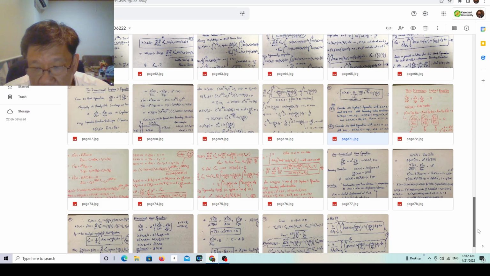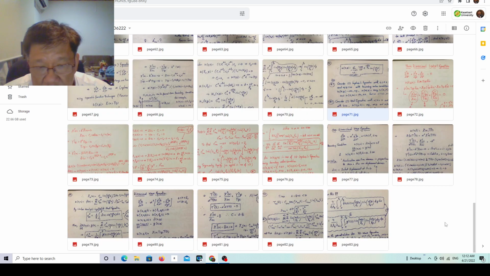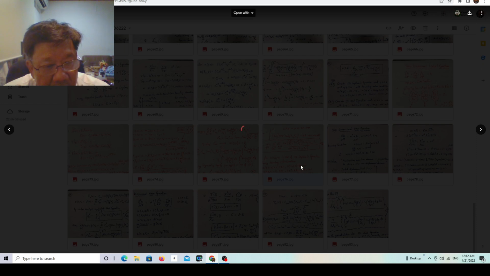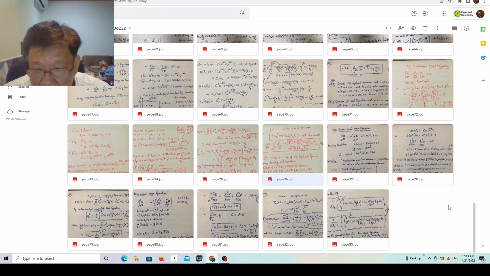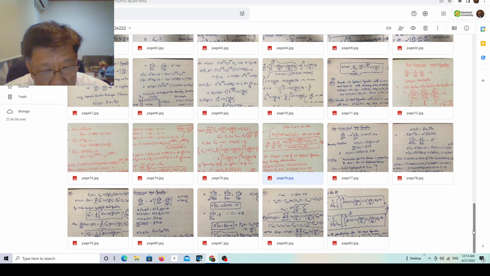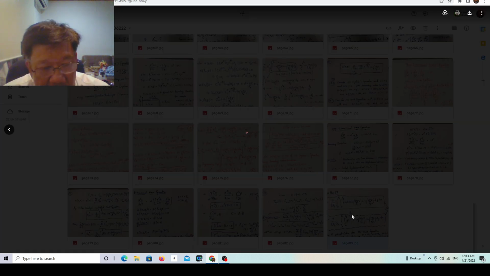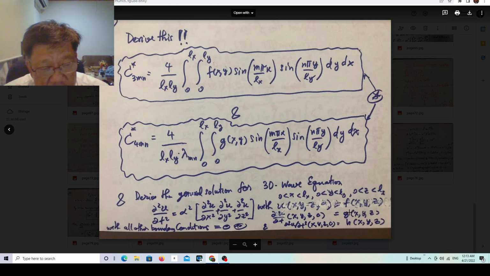And toward the end, we also ask you to do some homework about deriving the general form of the three-dimensional Laplace equation. And almost at the end, we also leave you with the final question about the wave equation, the general form.